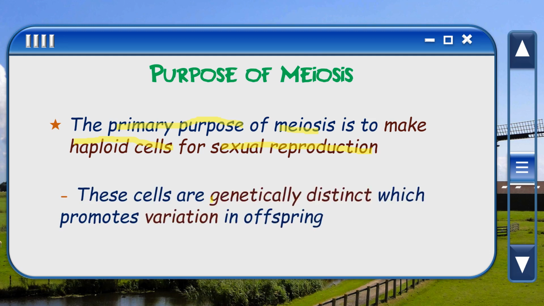These cells are genetically distinct, which promotes variation in offspring. The cells that we form are genetically different from each other. And because they are genetically distinct, that brings about variation in the offspring, or a difference in the offspring that we are going to produce.